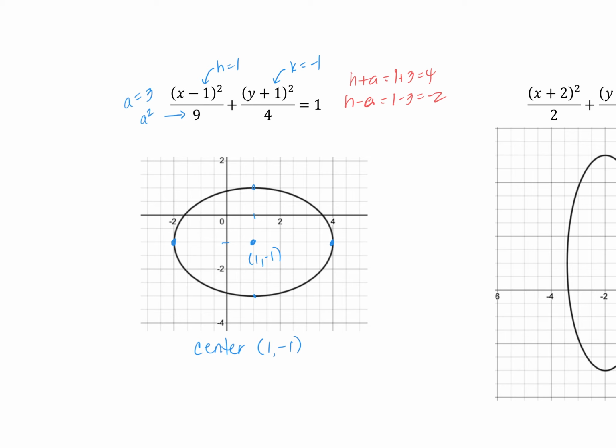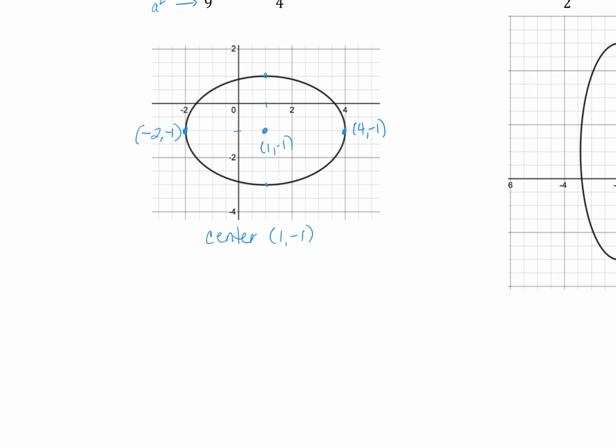So let's go to 4 on the x. The y value is still -1, that didn't change. And -2 on the x, the -1 for the y value hasn't changed. So that makes sense with the graph that the vertices are going to be at (-2, -1) and (4, -1).